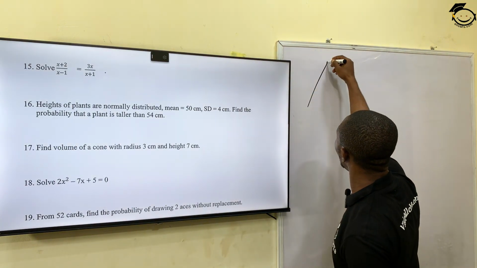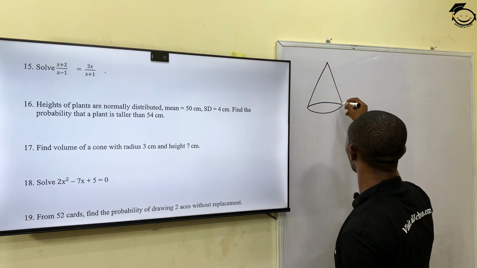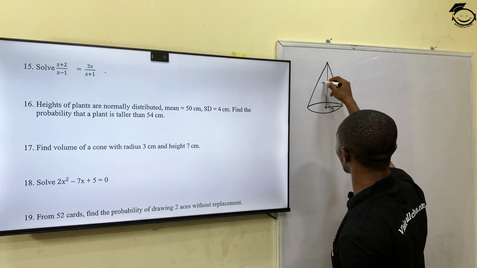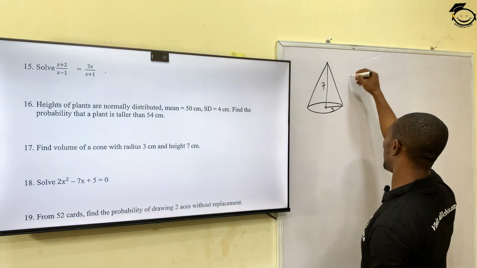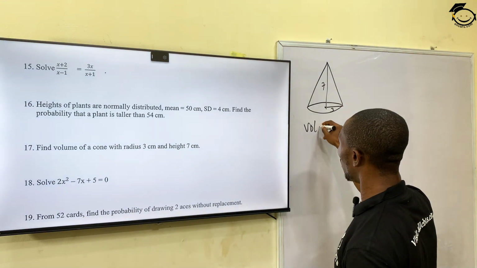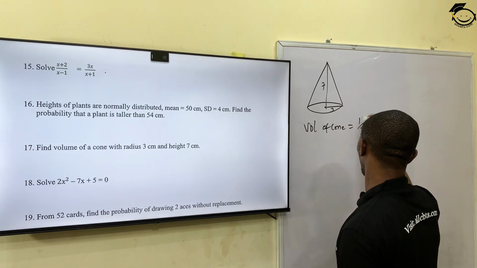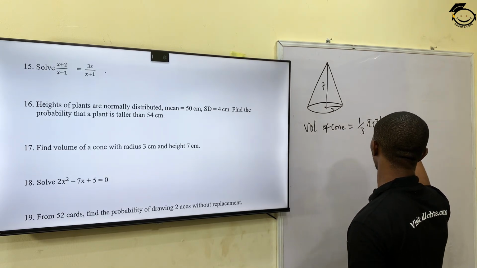Find the volume of a cone with radius 3 centimeter and 7 cm in height. Now, if we have a cone this way, the base radius is 3 and the height is 7. Our formula for volume of cone equals 1 over 3 pi r squared h.